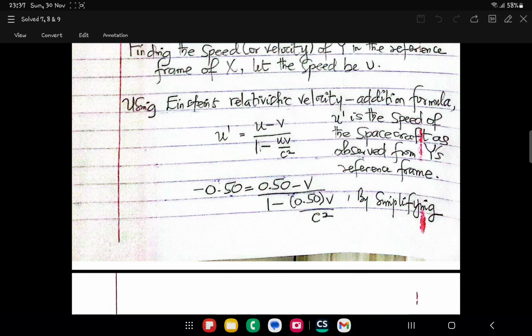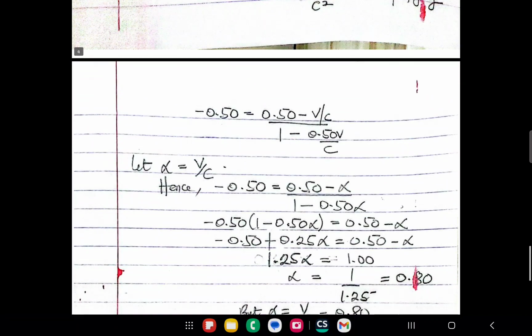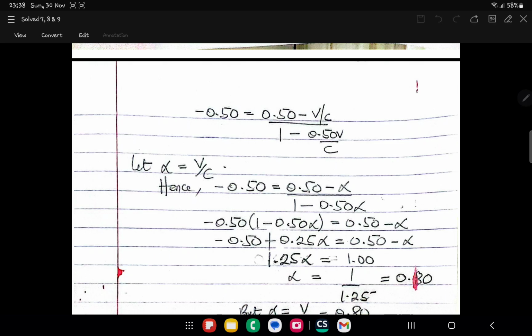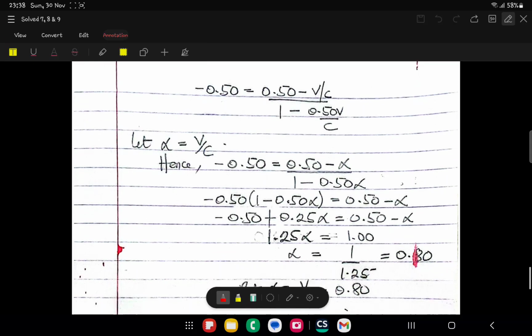So we can write that negative 0.5 is equal to 0.5 minus v, where v is Y's speed in X's reference frame, divided by 1 minus 0.5 multiplied by v divided by c squared. When we simplify this, we get negative 0.5 is equal to 0.5 minus v over c, divided by 1 minus 0.5 v over c.